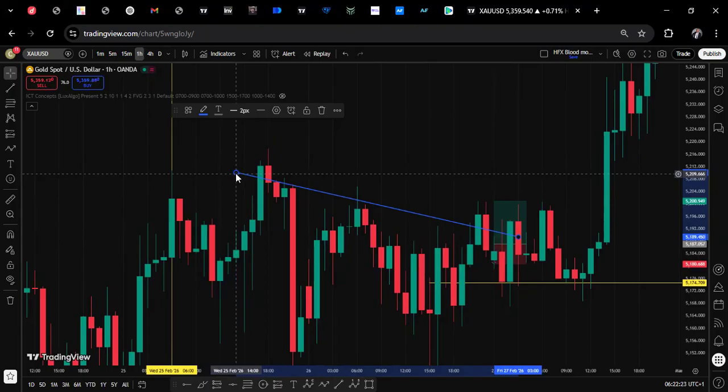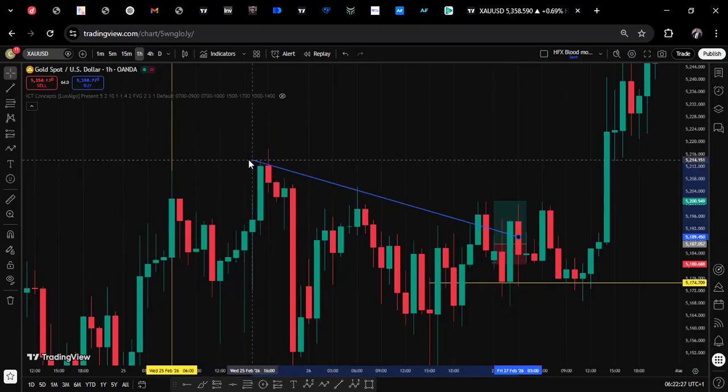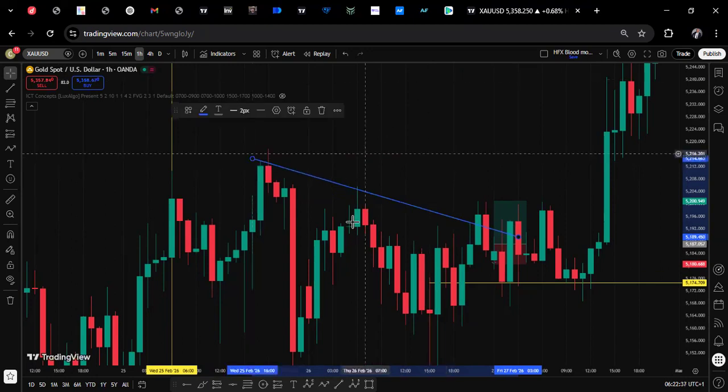It depends on what you want to do, basically. In this case, we are sticking with the wick. So in our trend line, we don't want to see any part that has a candle closing above it for it to be valid.